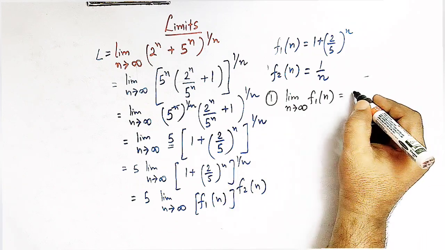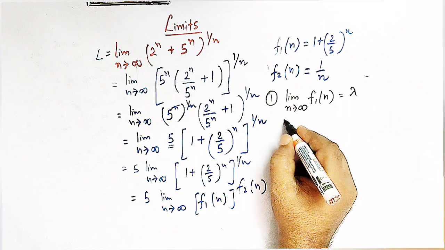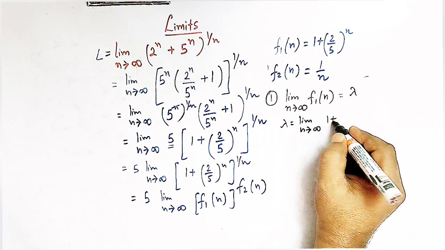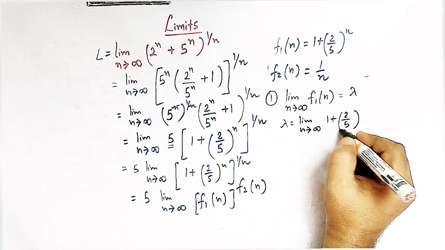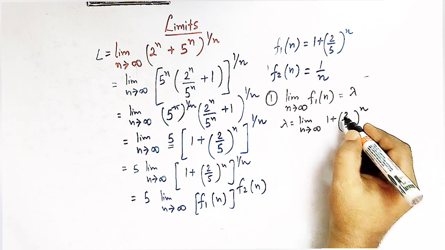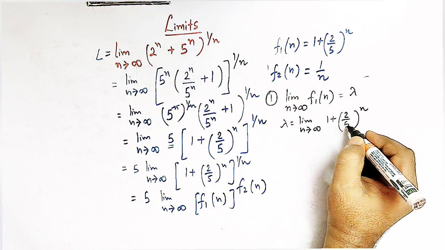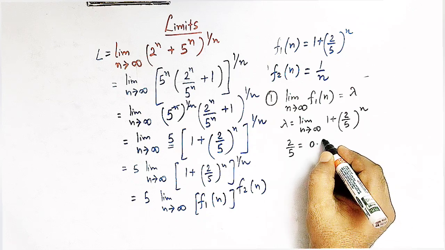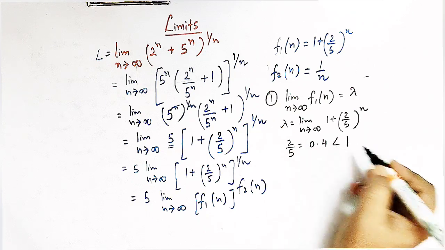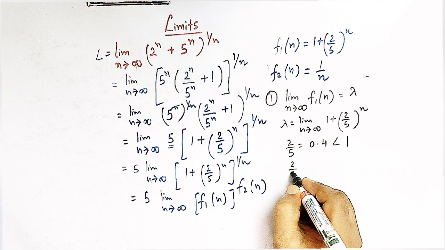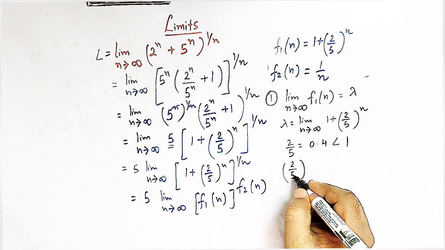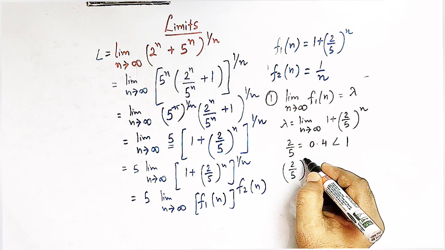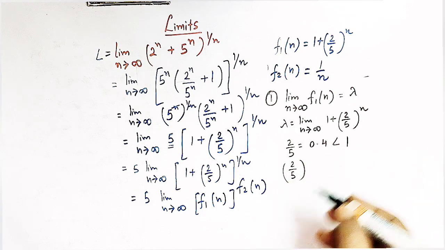Let us call this limit as lambda. So we can now write lambda is equal to limit n tends to infinity of 1 + (2/5)^n, right? Now let us consider this fraction, 2/5. Now 2/5 is 0.4, that is less than 1, right? So when we take powers of 2/5, the fraction raised to some power is less than 1.